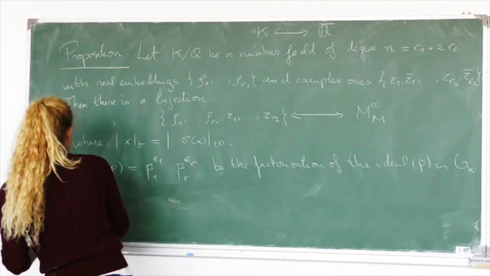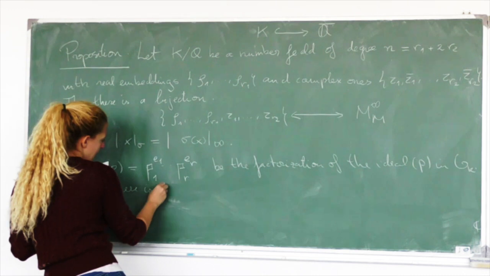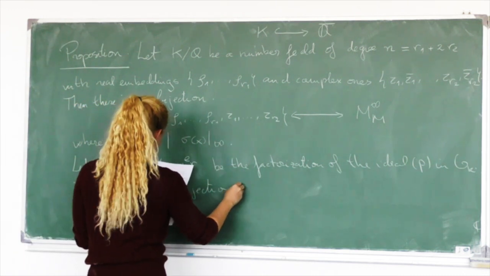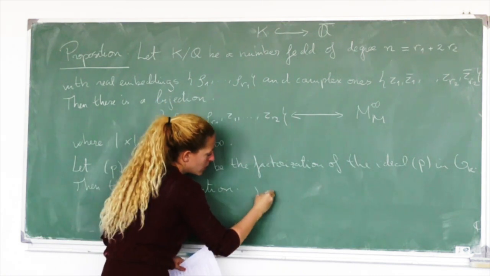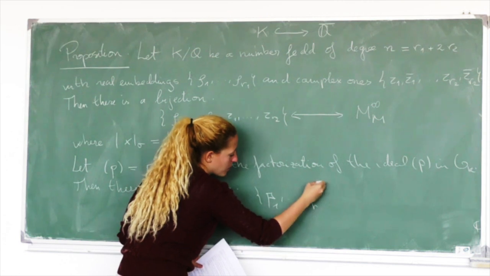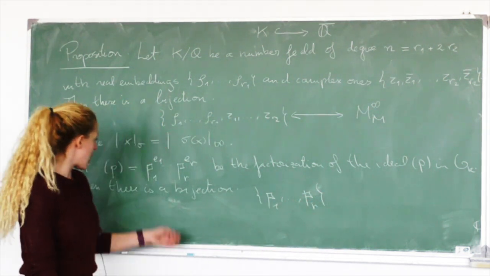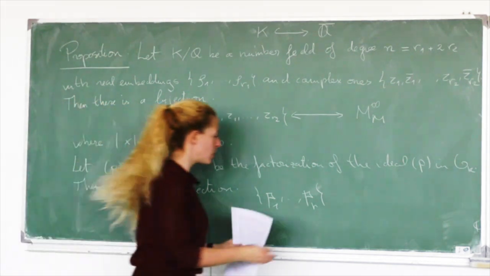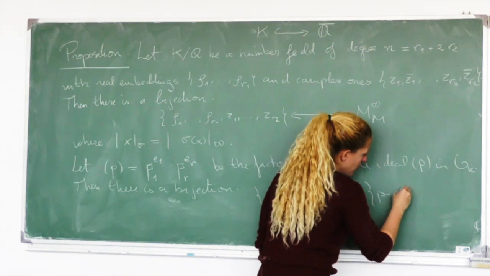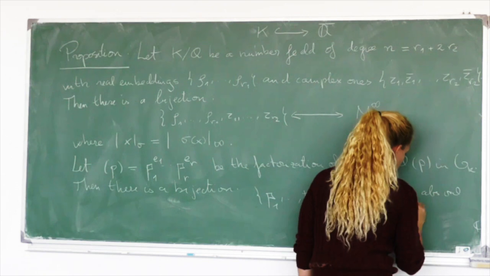Then there is a bijection between the different primes, so those are prime ideals, the different prime ideals appearing in this factorization, and the p-adic absolute values of k.